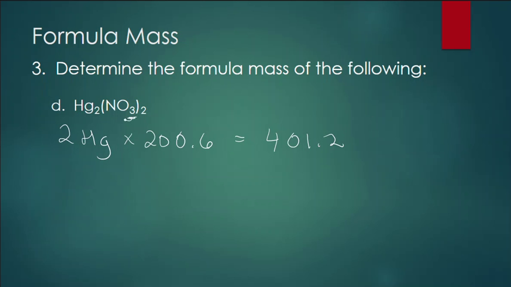This 3 right here, that's referring to oxygens. Yes, distributive property, 2 nitrogens. Sierra, price? Periodic table. Two times 14.0. 28.0. All right.